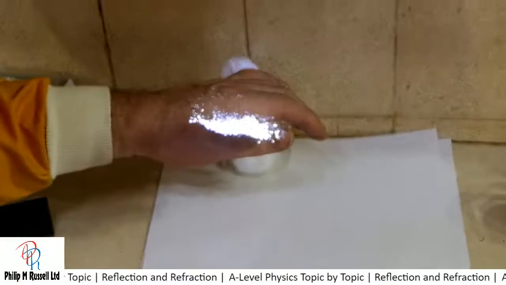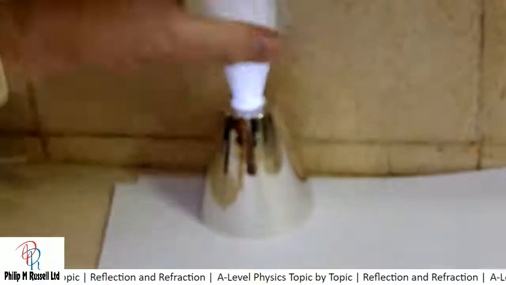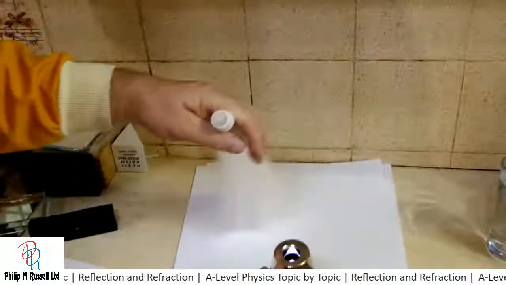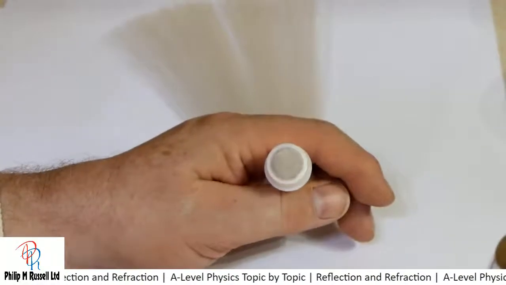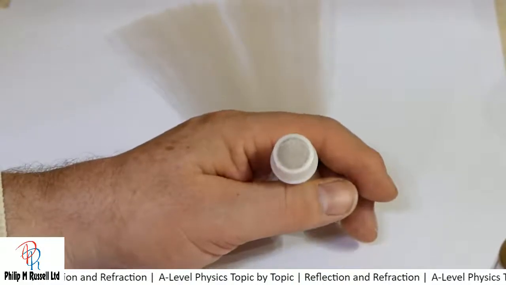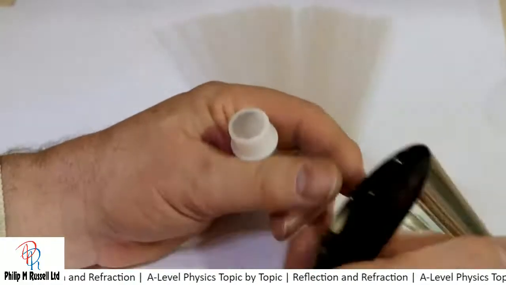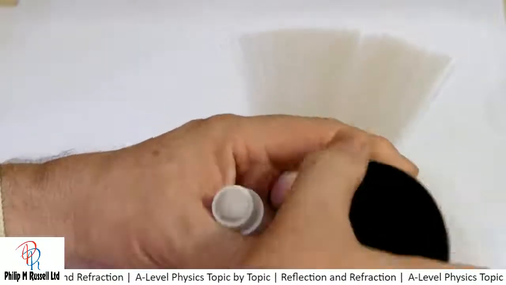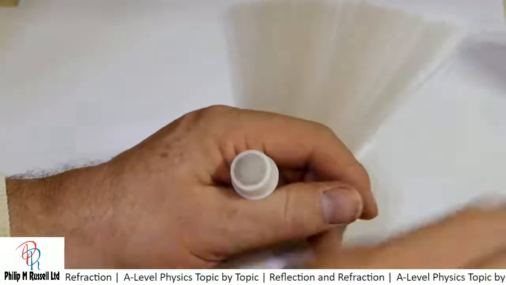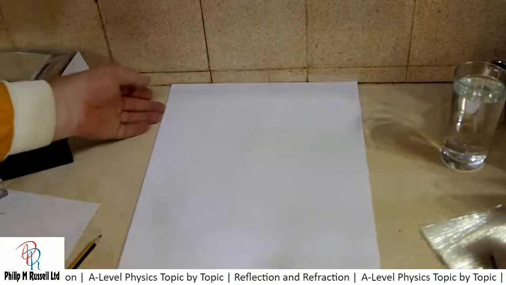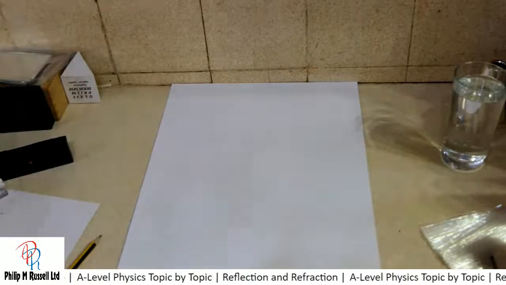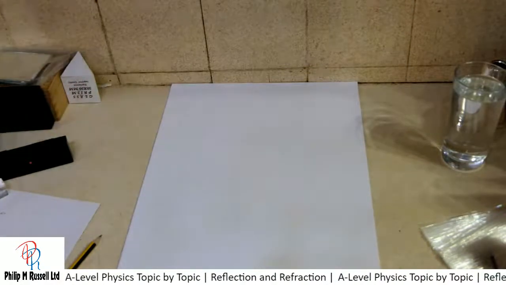Some are lighter, some are darker. That's just because the bottom piece of plastic here is not very good, and if that were cleaned up properly it would work more effectively, but it's only a cheap toy. So we've got our total internal reflection used in communications, and it's used in Christmas tree lights. Number of trees I've seen with fibre optics going on.